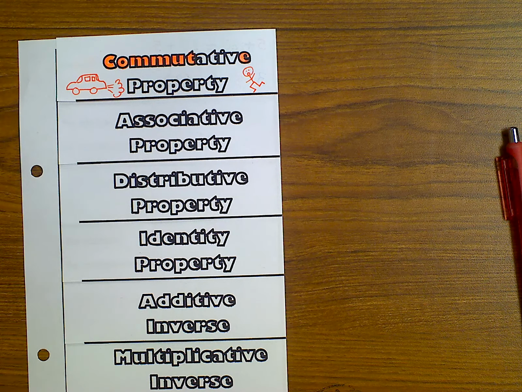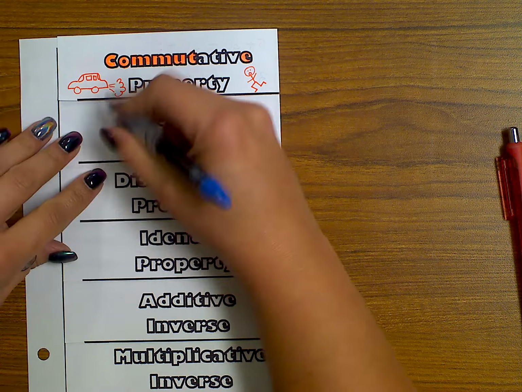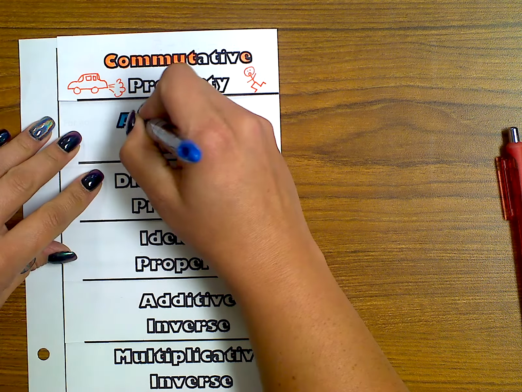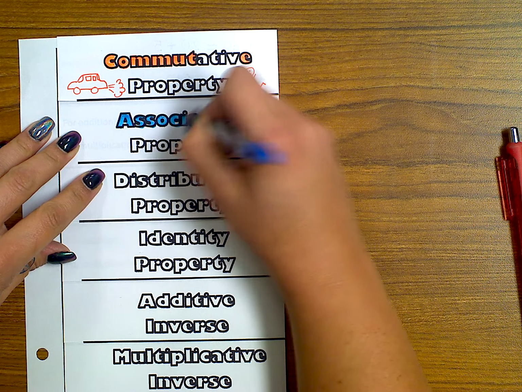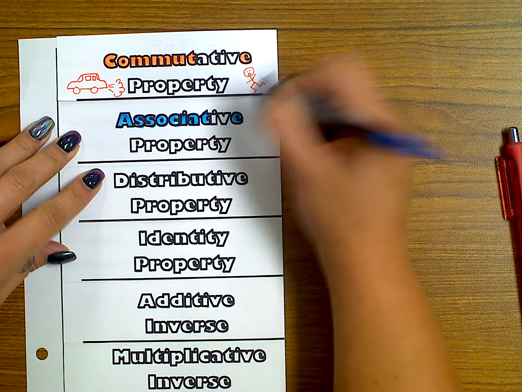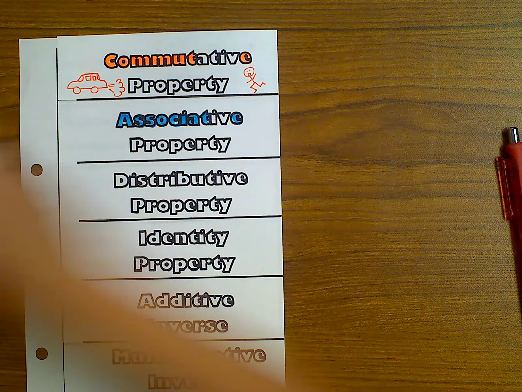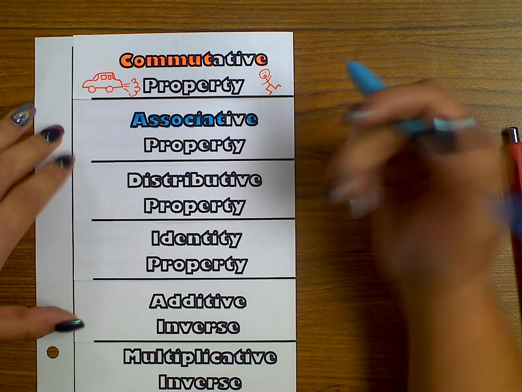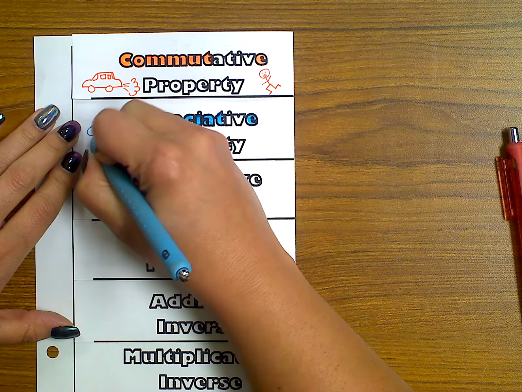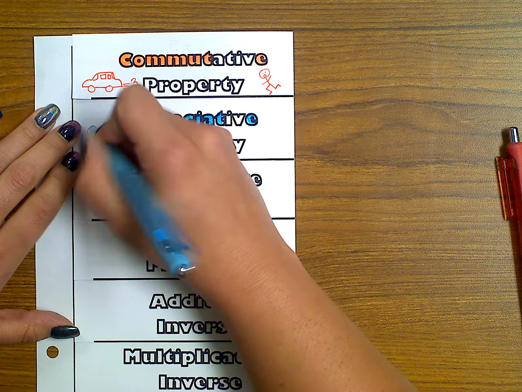Now, associative property, we took out the key term: associate. And you guys told me that reminds you of coworkers.